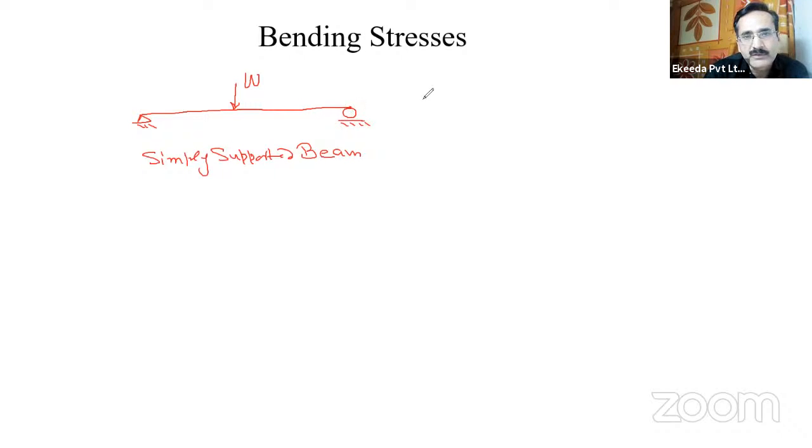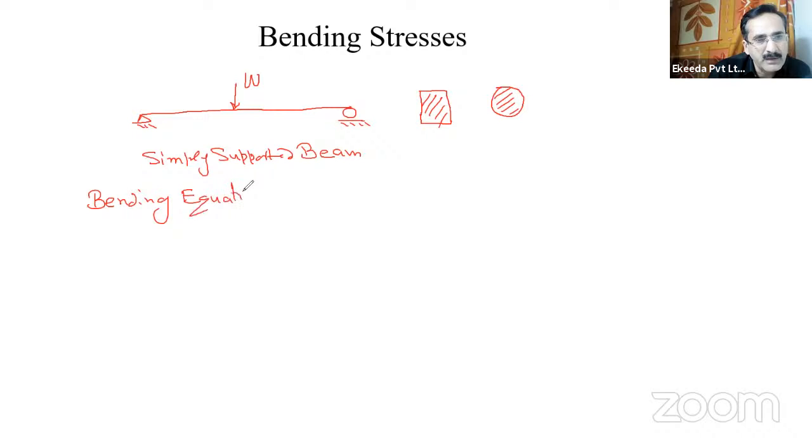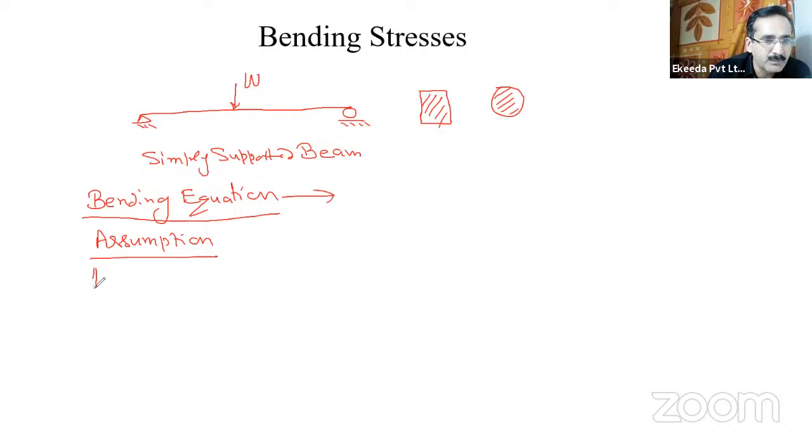It may have different cross-section areas. It may be rectangular, square, or circular, whatever the cross-section area is. So the bending equation, for any type of beam, assumes there is pure bending.